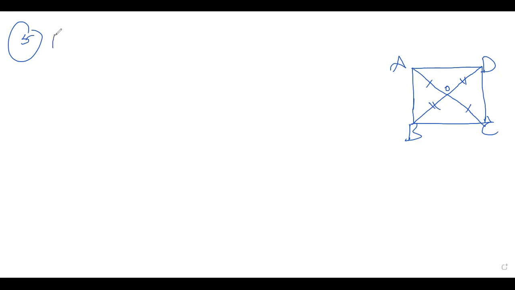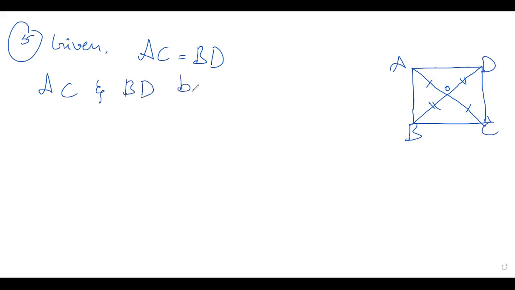Right, what is given? Given: AC is equal to BD. Diagonals are equal. See, if the diagonals are equal and bisect each other, AC and BD bisect each other.